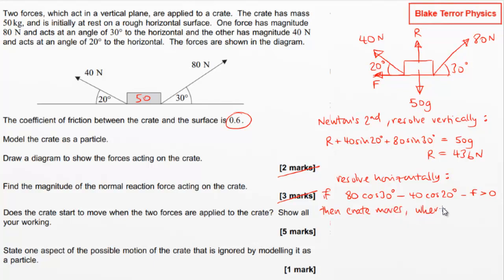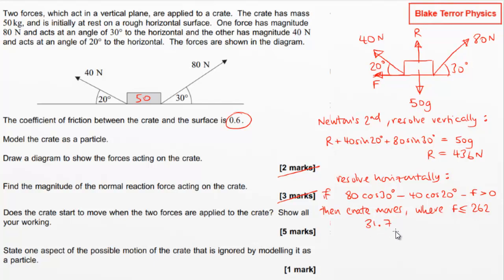We can say that F is up to a maximum of 0.6 times 436, which is 262 newtons. So let's put all of this in. We've got 80 cos 30 minus 40 cos 20. Let's type all of that in. 31.7.